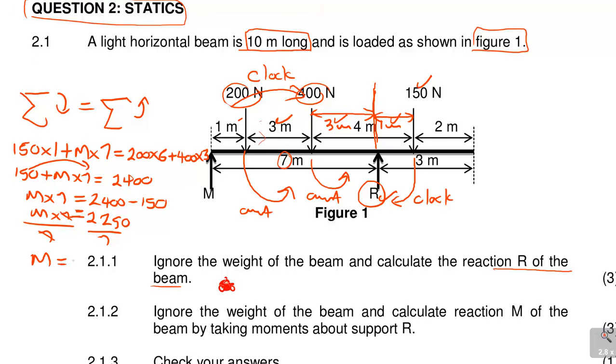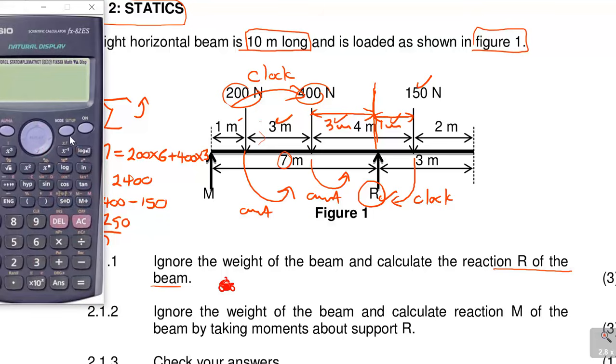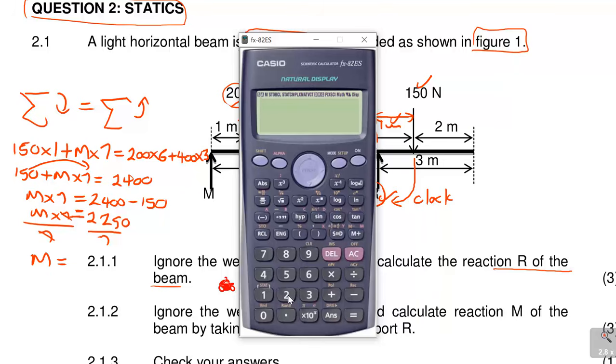That is the reaction at m. If you work, that is 2250 divided by 7, which becomes 321,43. If you round off to 2 decimal places, 321,43.